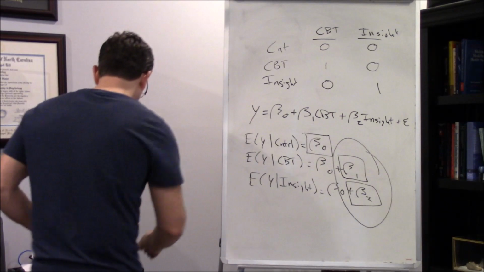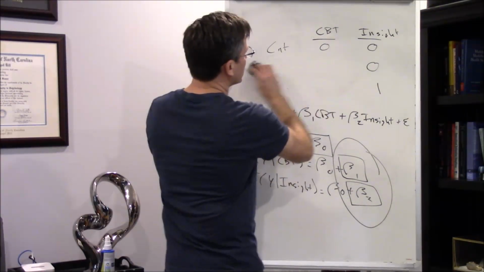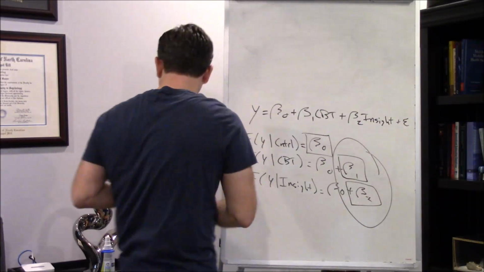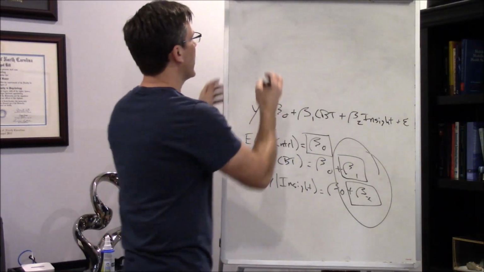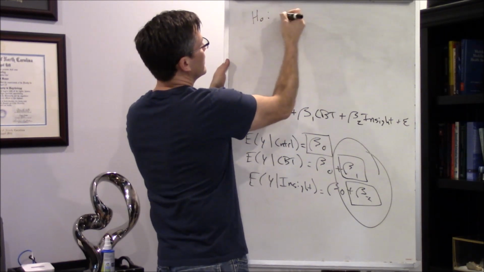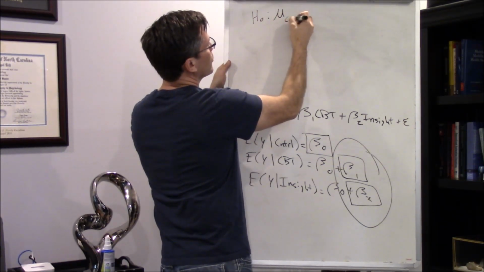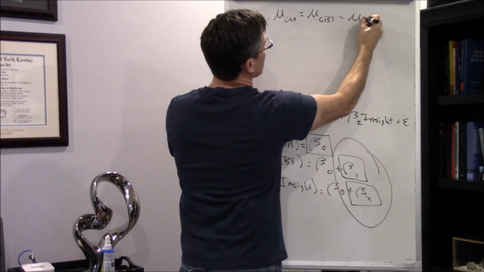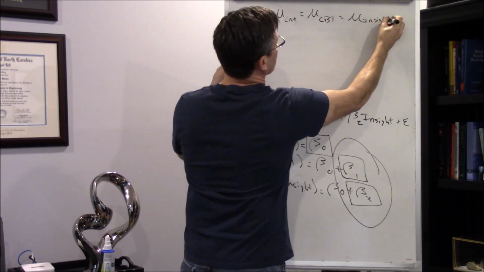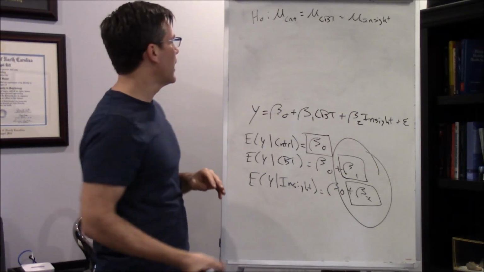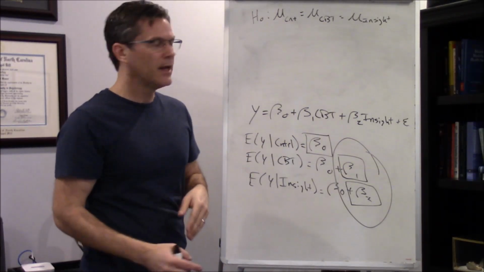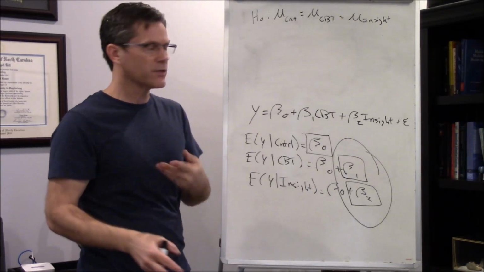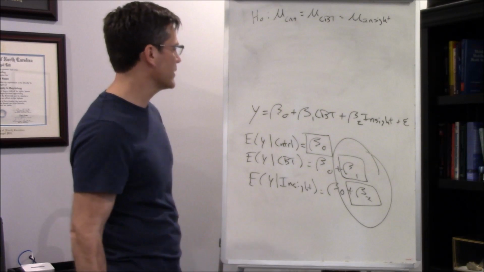In our one-way ANOVA model, our null hypothesis would be mu control equals mu CBT equals mu insight, so all means are equal, and we would get our F test looking at sums of squares between and within, converting those to mean squares and getting an F ratio and all the rest of it.